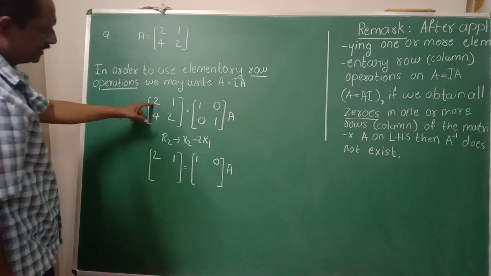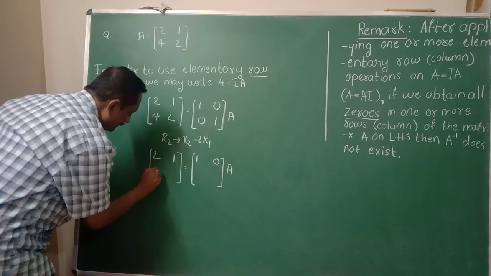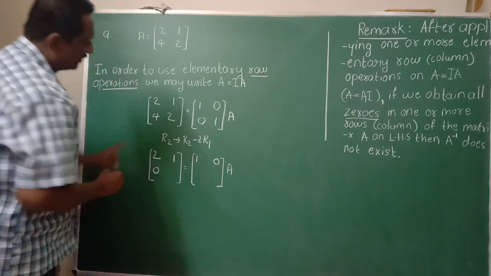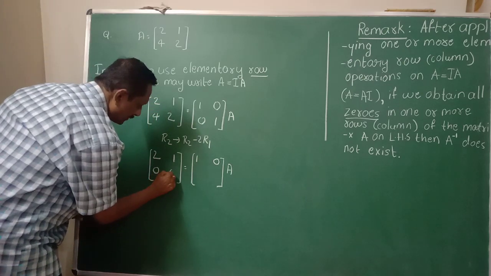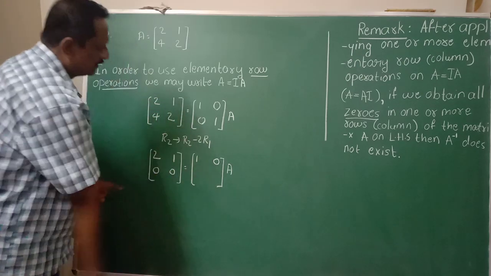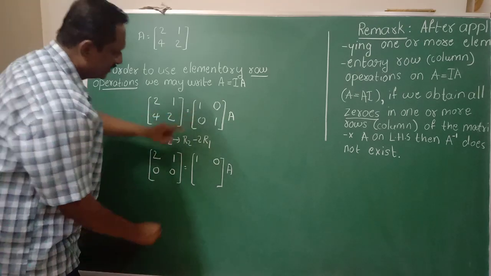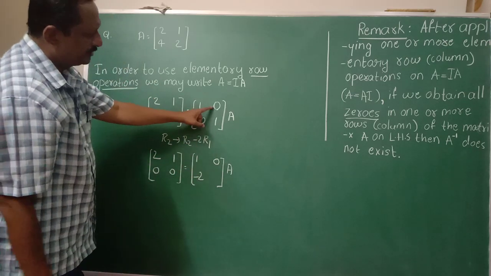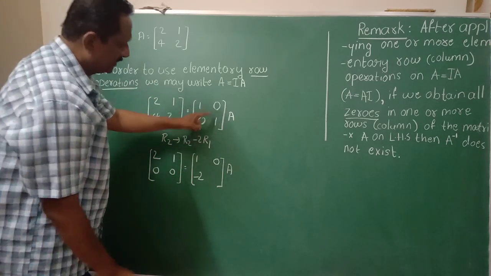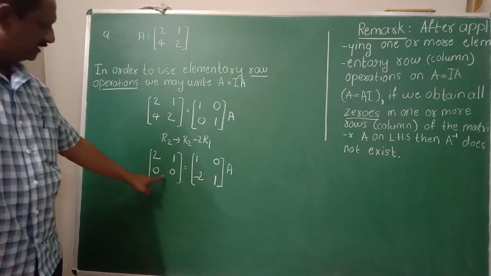Then multiply 2 by 2, it becomes 4. 4 minus 4 becomes a 0. Multiply 2 by 1, 2 minus 2 becomes a 0. Then 0 minus 2 becomes minus 2, and 1 minus 0 is 1. So these two elements are 0.